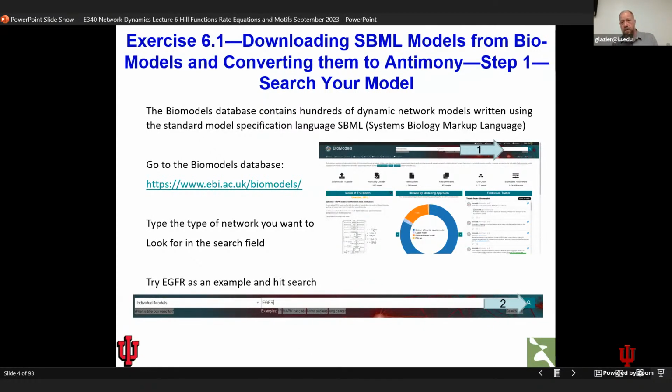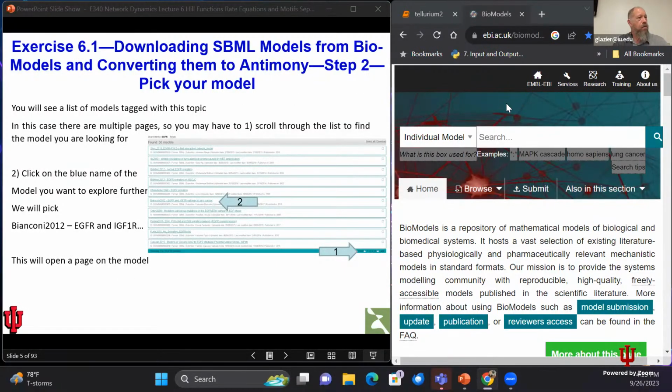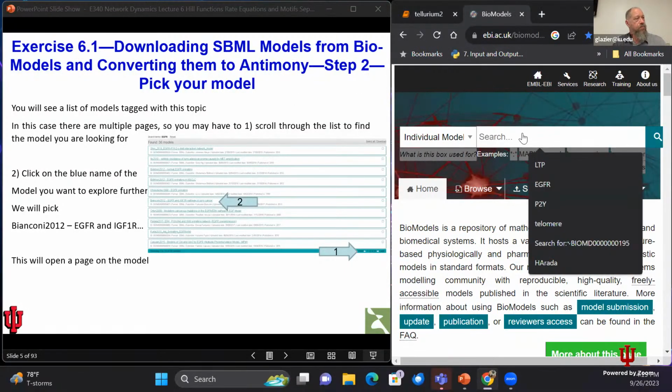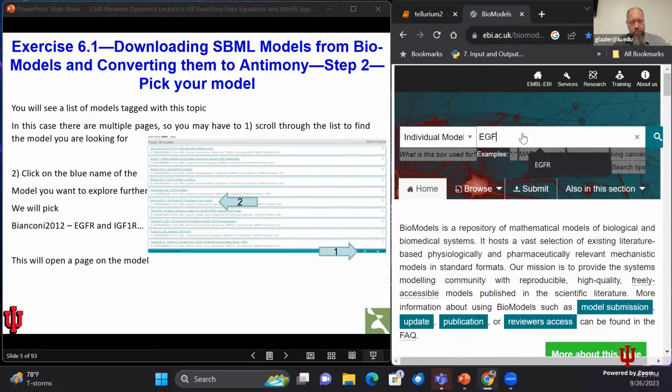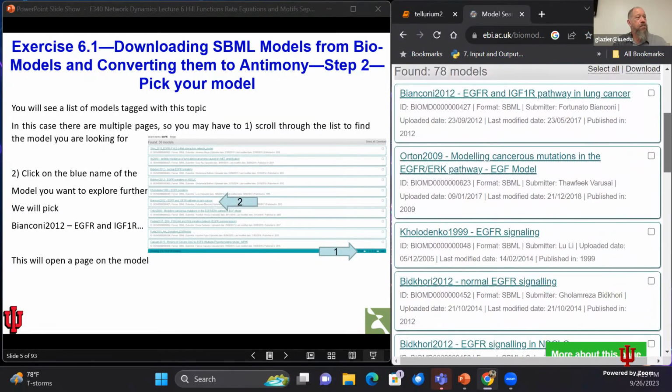So that's a growth factor receptor, endothelial growth factor receptor. Okay, did that work for people? Yeah. Okay. All right, and you're going to get a list of models. You should get something that looks like this. So I will do EGFR, and I've got a bunch of options here.